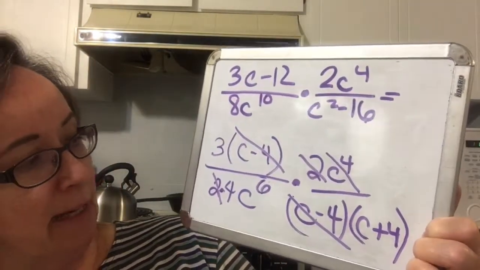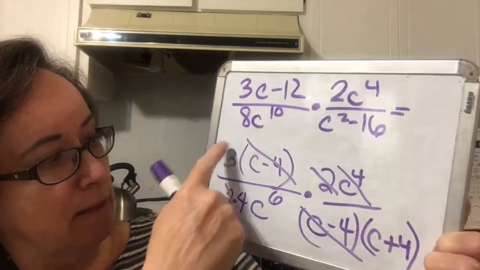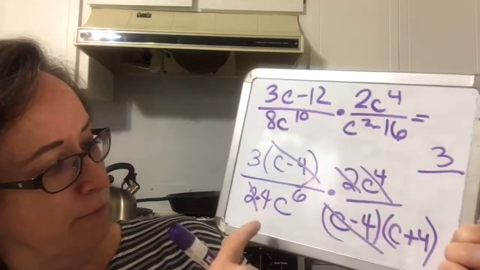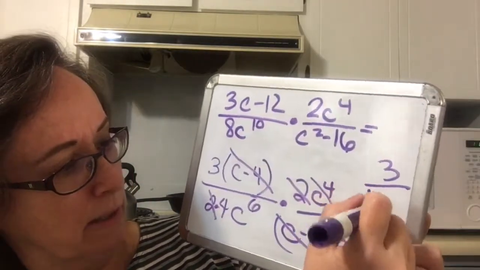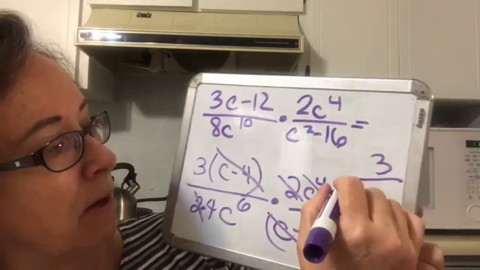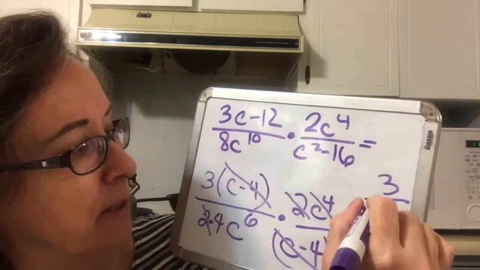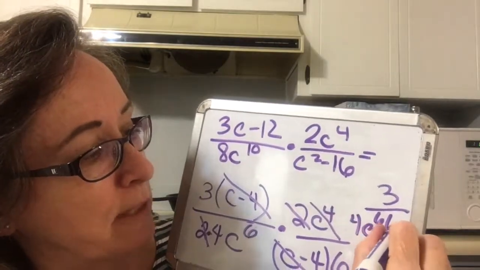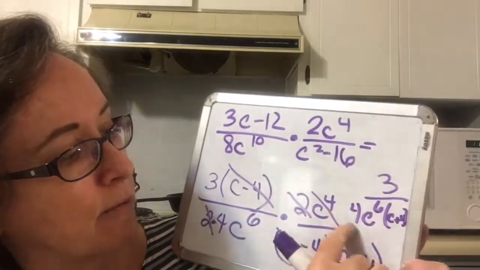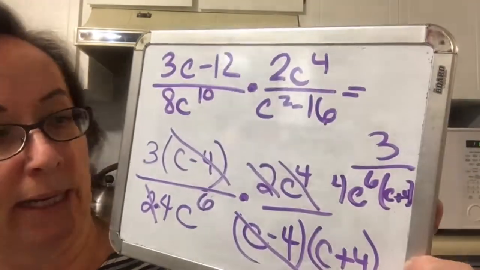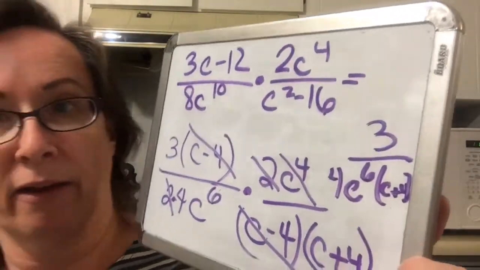And my final answer is going to be 3, that's all that's left on the top, over 4c to the 6th times c plus 4. I'm sorry, I ran out of room there.